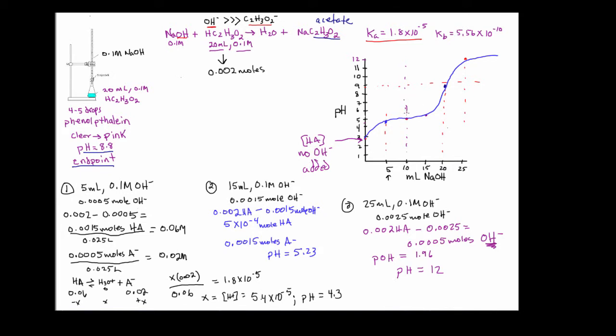This point right here is where we have HA equal to the concentration of A minus. All right. I'll just finish labeling things, and then I'll come back to the meaning issue. Now, let me clean this up a little bit here so it's easier to read.